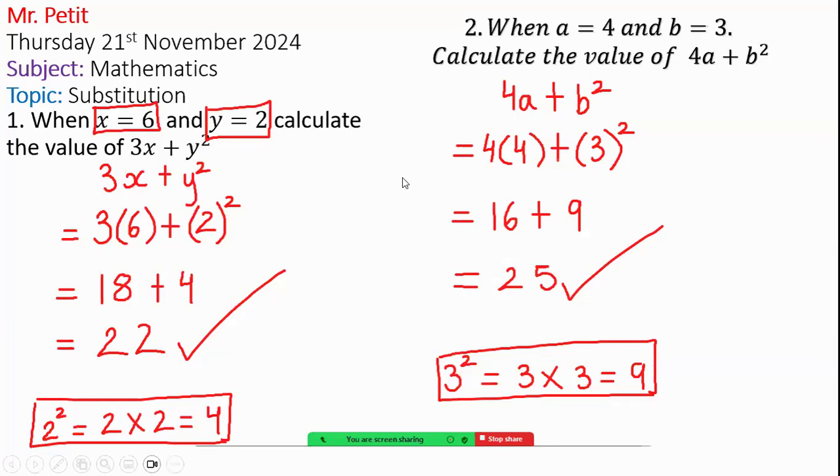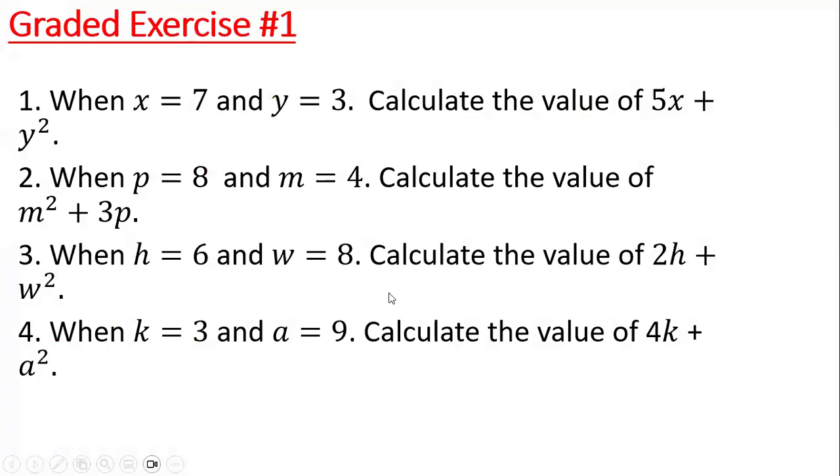You got it? Yes, sir. Okay, this is the second slide. What number are you on, Xavier? Number 4.